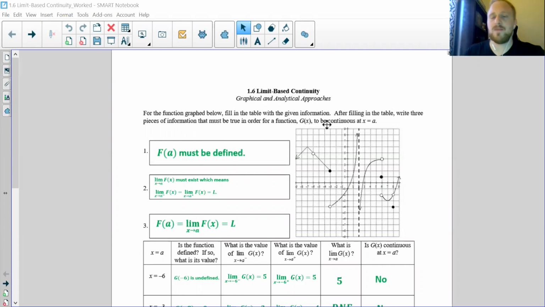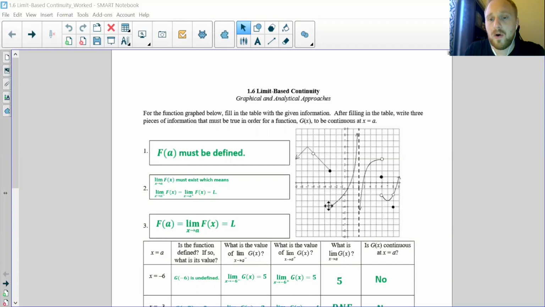Before, when we talked about continuity, for a function to be continuous means that if I were to take my pencil and trace this function, and I have to pick it up to continue on, that's where it's known as discontinuous. So this is discontinuous until it reaches the point -6, 5, and after that it's continuous until it reaches x equaling -3.